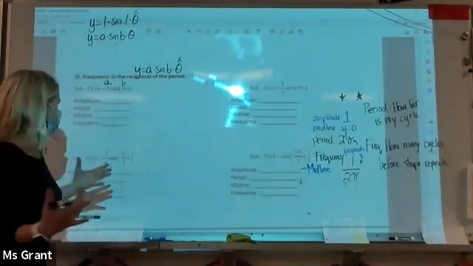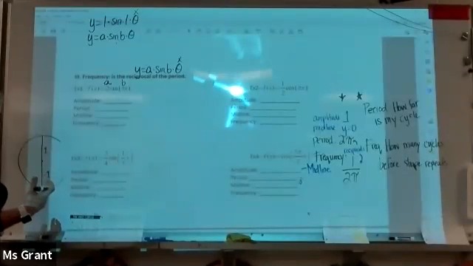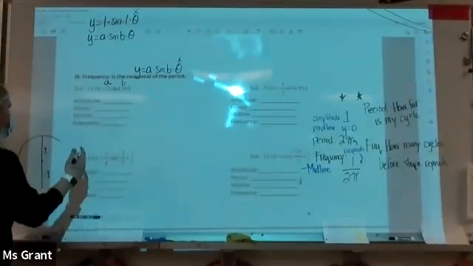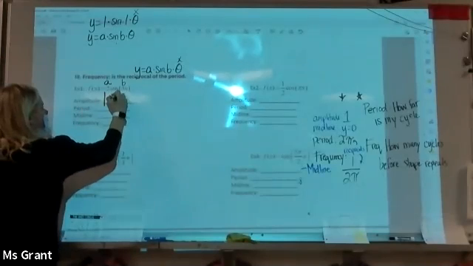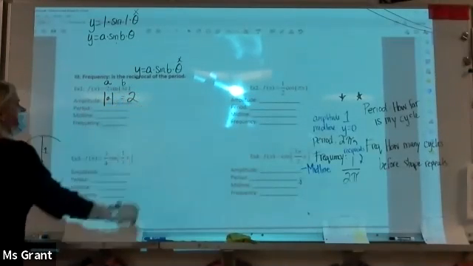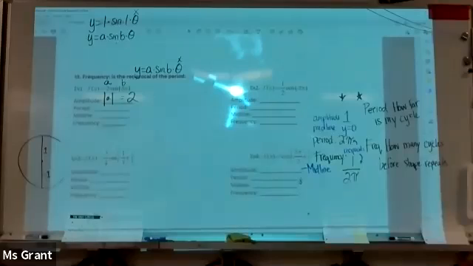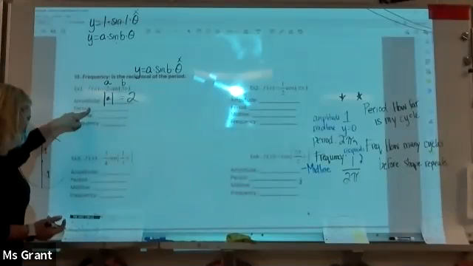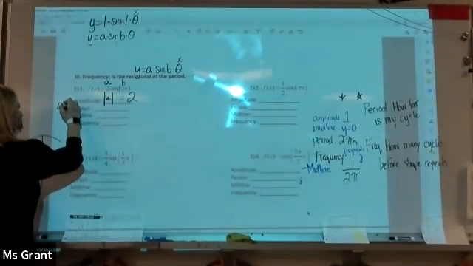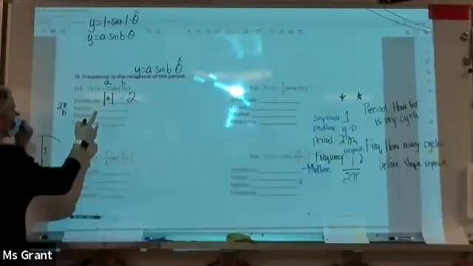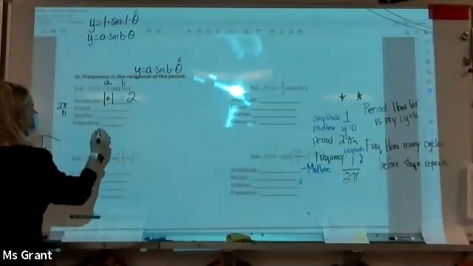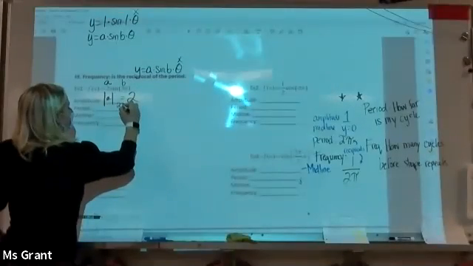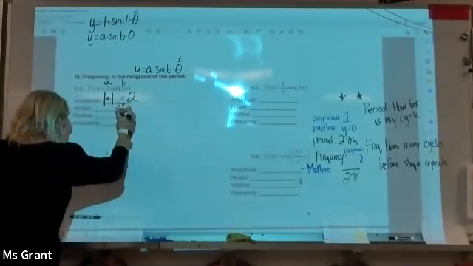Just by looking at my equation, I can tell that my amplitude is the absolute value of A, which means it's 2. My period, if you'll remember, is 2 pi over B. Well, that is 2 pi over 3, right?